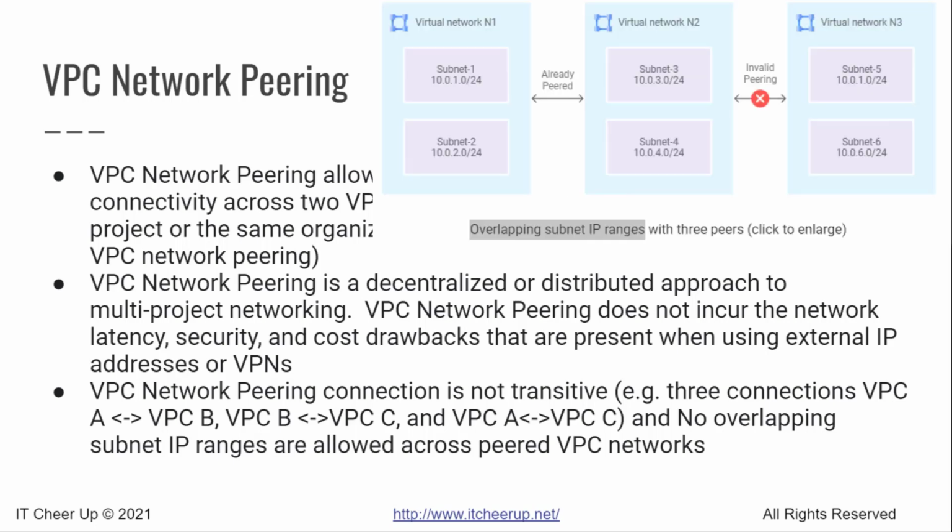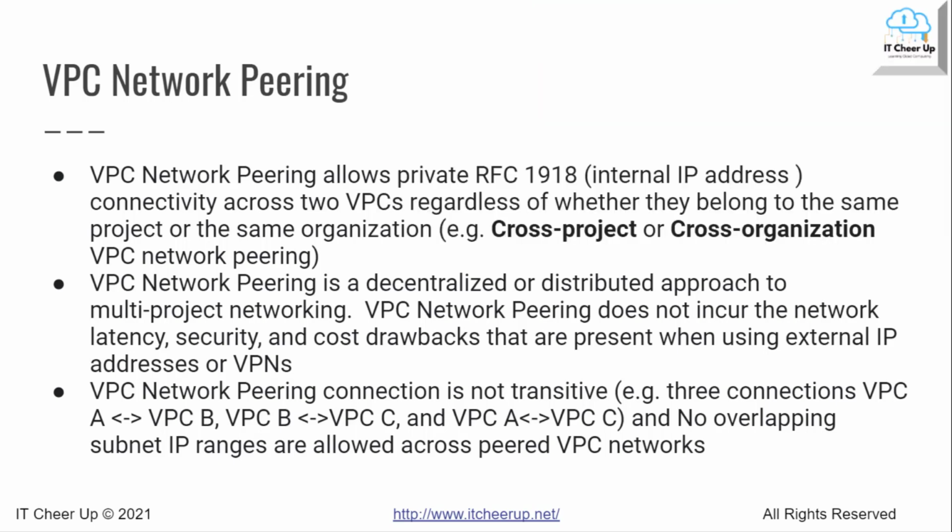Google Cloud also ensures that no overlapping subnet IP ranges are allowed across the VPC networks. So you can imagine if there are more VPCs, the connection configurations will be very complicated.